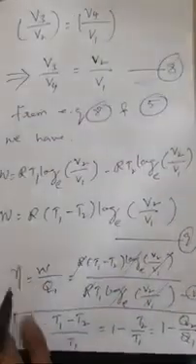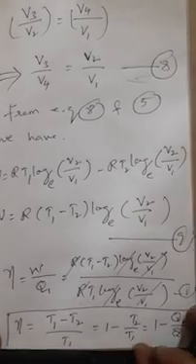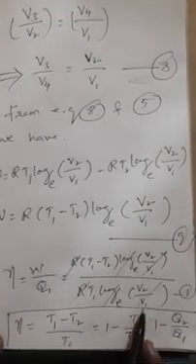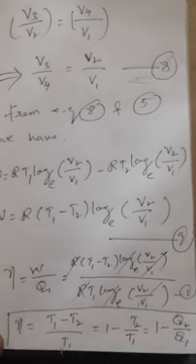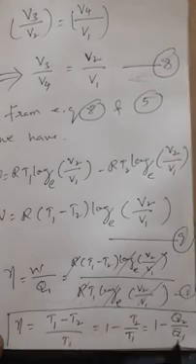So R gets cancelled, log e V2 by V1 gets cancelled. Then we will get eta is equal to (T1 minus T2) by T1 is equal to 1 minus T2 by T1 is equal to 1 minus Q2 by Q1.